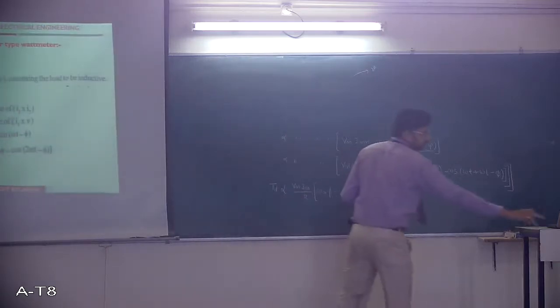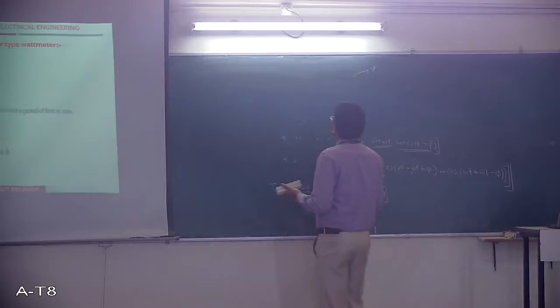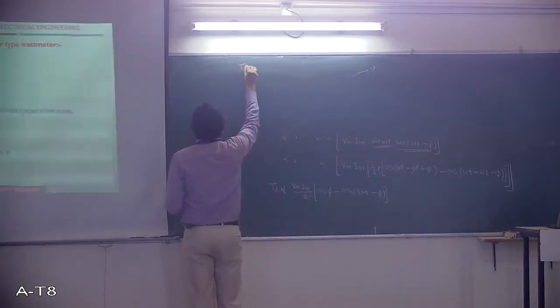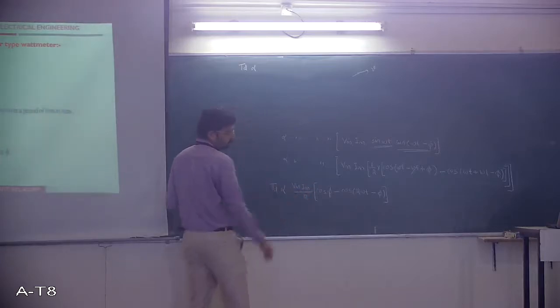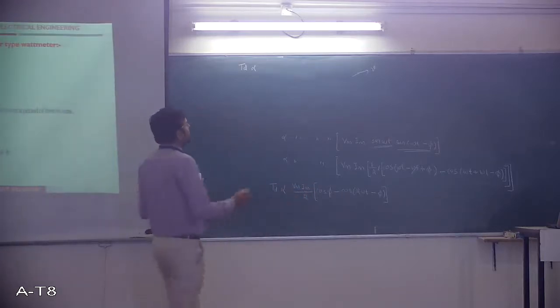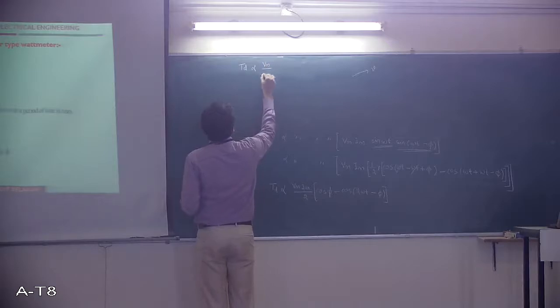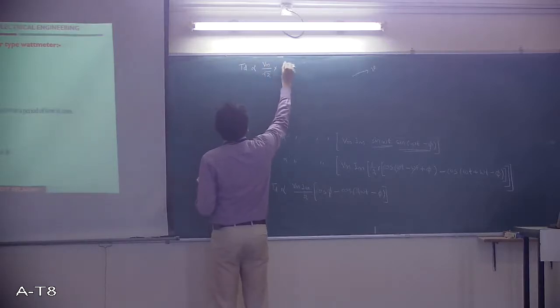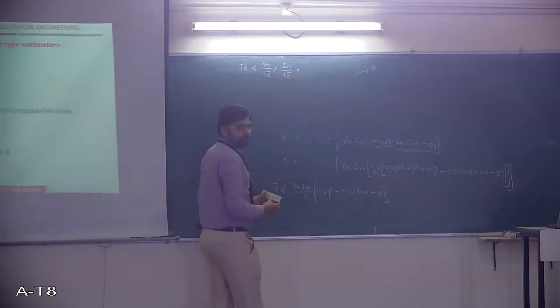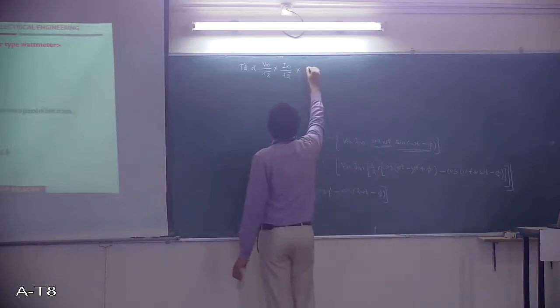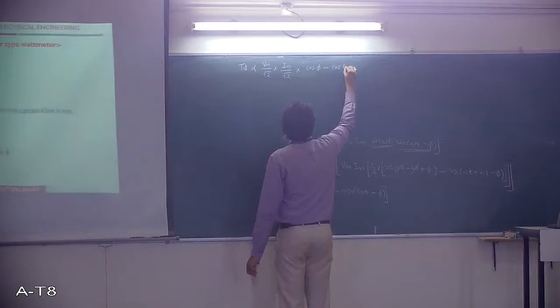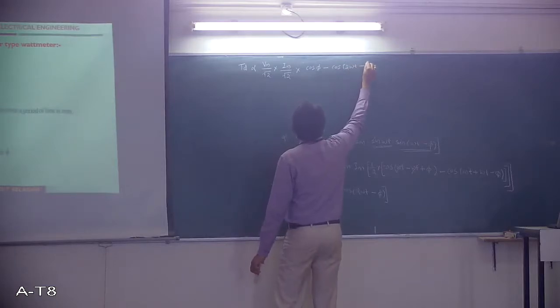The average value of the deflection torque TD is proportional to the average value of this. Vm Im divided by 2 can be rewritten as Vm divided by root 2 into Im divided by root 2 into cos phi minus cos of 2 omega t minus phi.